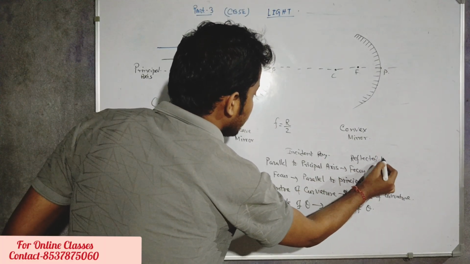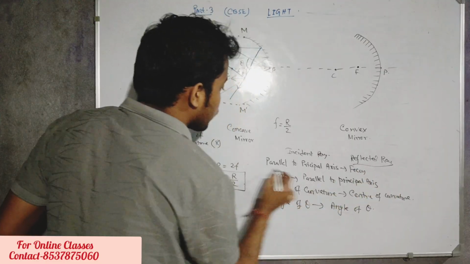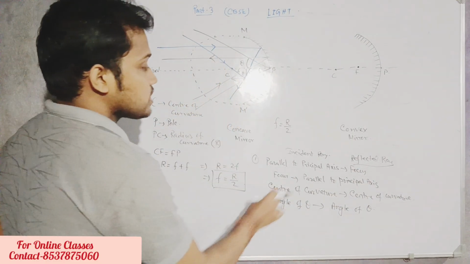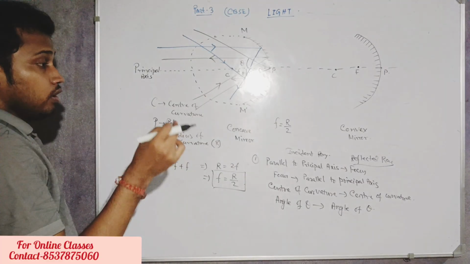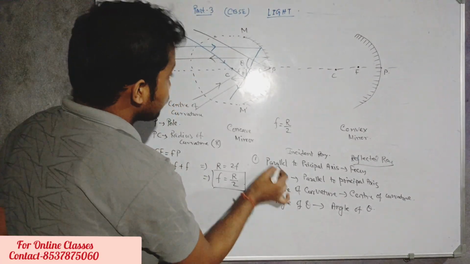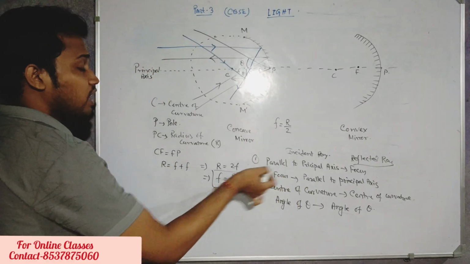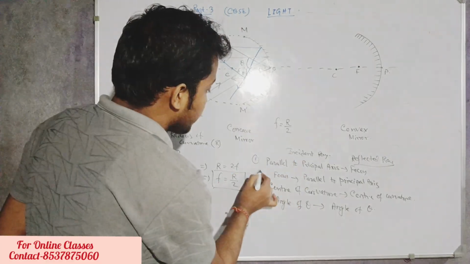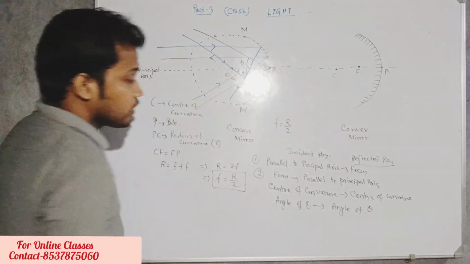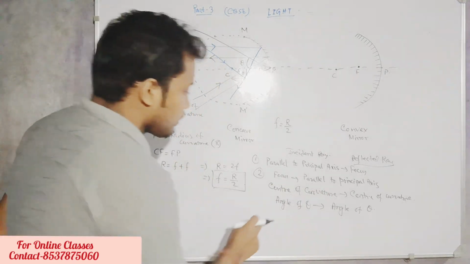You have to know these 4 rules. First rule: a light ray parallel to the principal axis will move back through the focus. And if a light ray comes through the focus, it will move back parallel to the principal axis. If a light ray comes to the center of curvature, it will move back to the center of curvature.